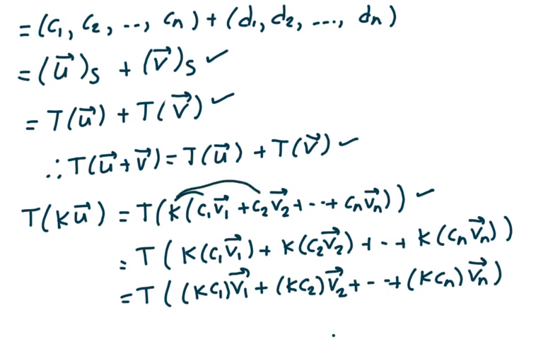So I get T of (k times c1v1 plus k times c2v2 plus ... plus k times cnvn). But that's T of (kc1v1 plus kc2v2 plus ... plus kcnvn). So I just shifted the parentheses.